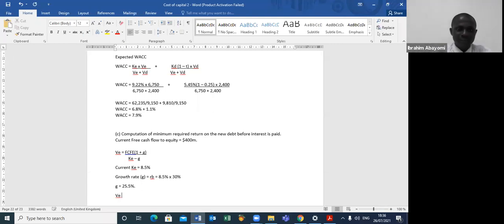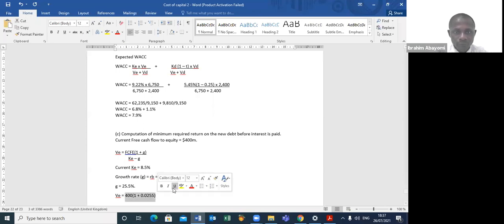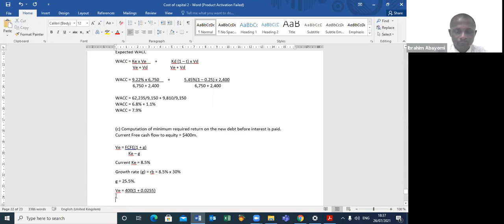Now, the market value of equity is, my free cash flow to equity is 400. 400 into bracket, 1 plus growth rate, 0.0255, close bracket, everything over cost of equity, which is 0.085 minus 0.0255.